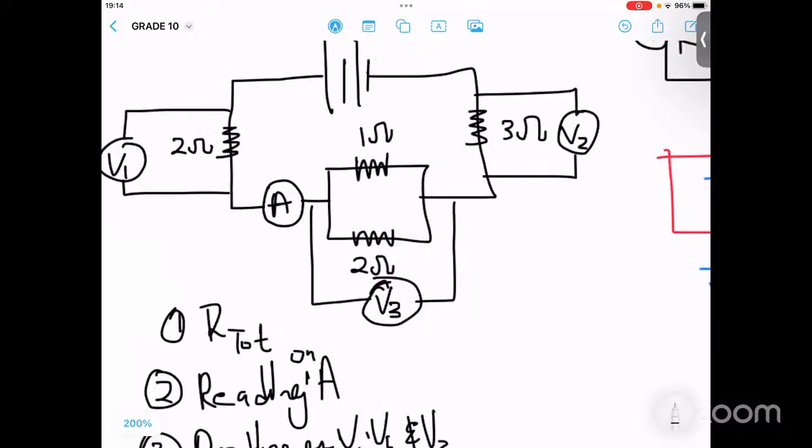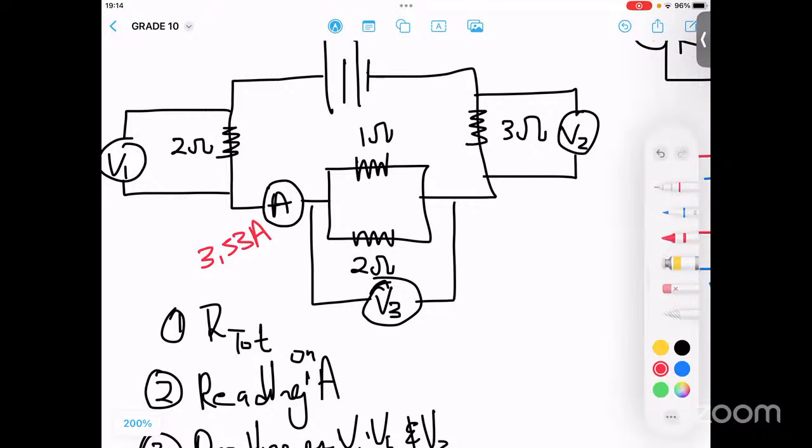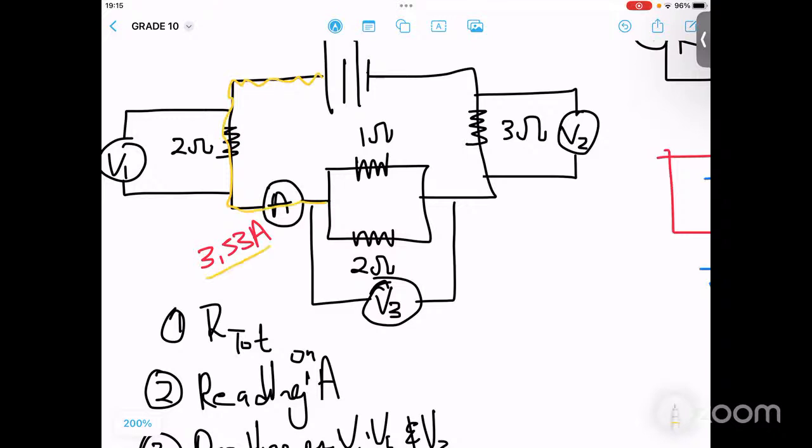So it's like we are saying the electricity flowing there is flowing at 3.53 amperes. It is that electricity that is flowing through that circuit. Even though when it gets there, it splits. Some of it will go to this side, and some of it will go to this side.